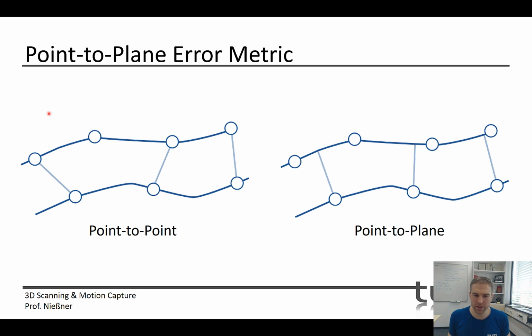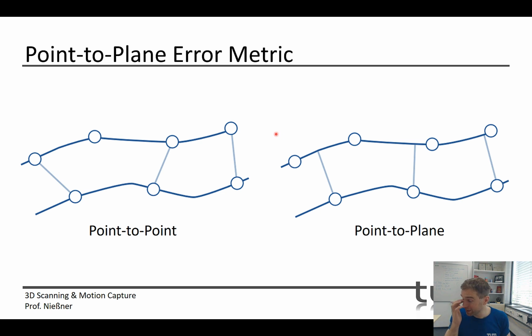So again, point-to-point is everything we have been talking about so far, but now we want to talk about point-to-plane a little bit. Instead of assigning this point with that point, you would assign this point with that surface here, which is given by the normal of this closest point.